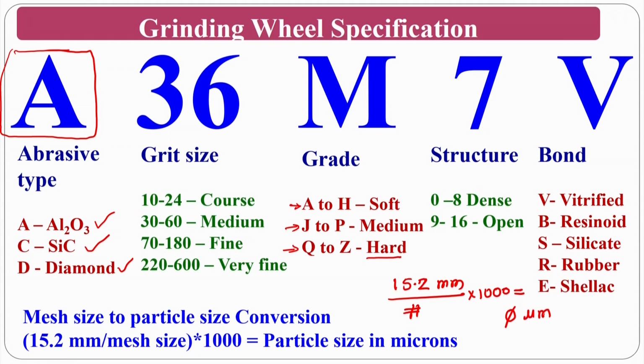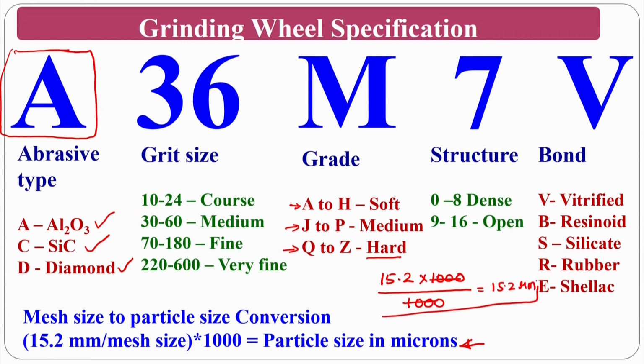Assume, for example, I take a 1000 mesh size. So 15.2 multiplied by 1000, why I am multiplying is to convert into microns, divided by 1000 mesh size. You will get 15.2 micrometers.